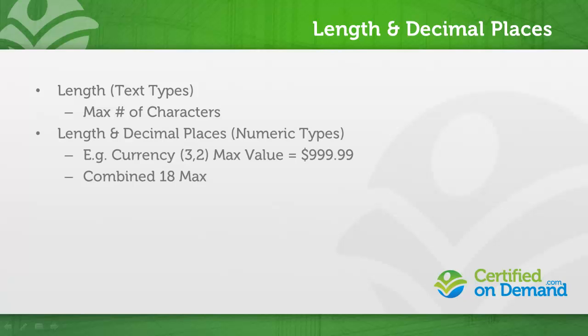For numeric fields, length and decimal places define the maximum number of digits before and after the decimal point. For instance, the maximum value for a currency field with 3 length and 2 decimal places is $999.99. Assuming, of course, that the currency is US dollars. The maximum number of total digits that can be captured on a numeric field is 18 digits.